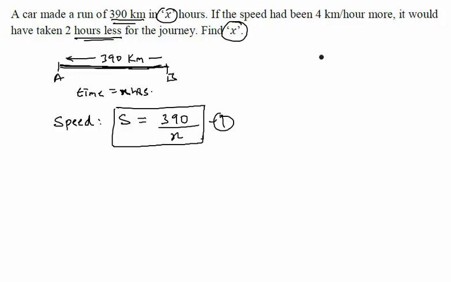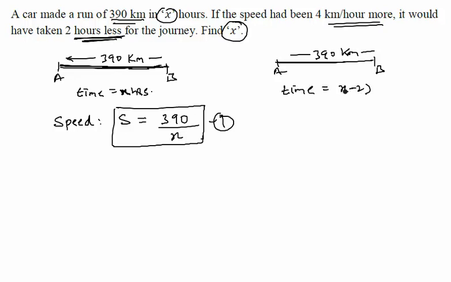Now in the second statement, what is given to us? It is given to us that if the speed had been 4 km per hour more, it would have taken 2 hours less for the same journey. So again, the journey is from A to B, which means that my distance has not changed. Distance is still 390 kilometers, right? But if I have to reduce time by 2 hours, then my speed should be 4 kilometers per hour more, right?